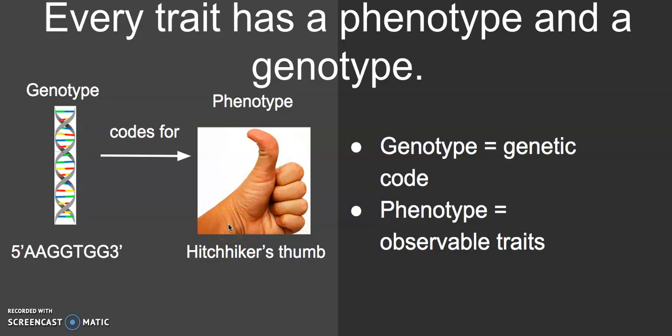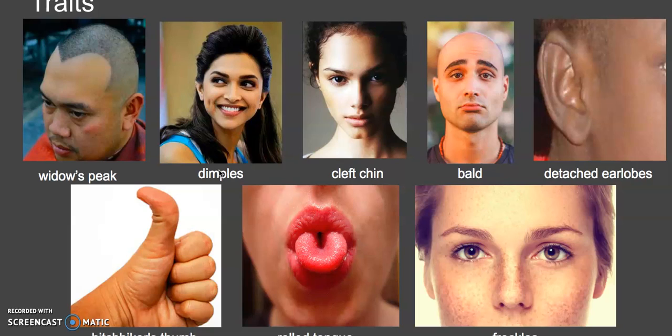But as I've tried to emphasize, you have two copies of every single gene, so you have two alleles, and how do we decide which one becomes your phenotype? That is the complication and really the fun of heredity.